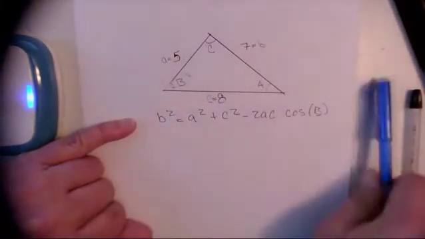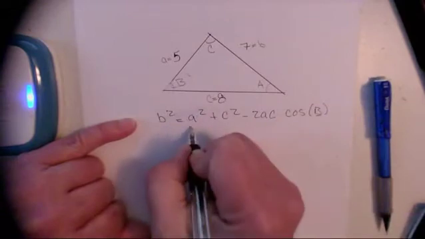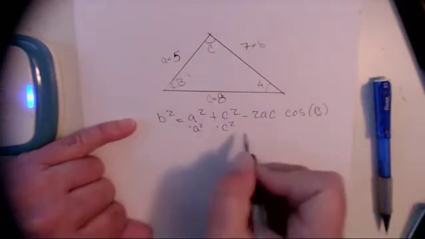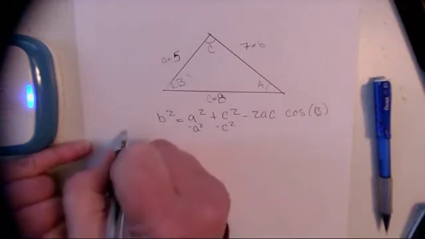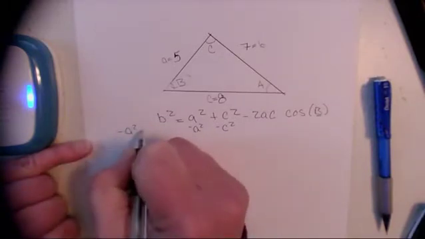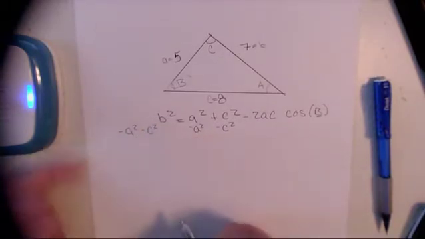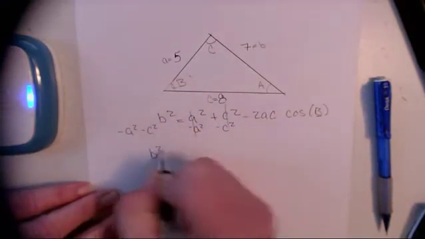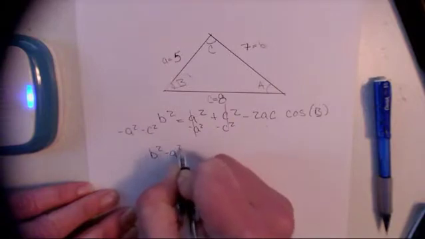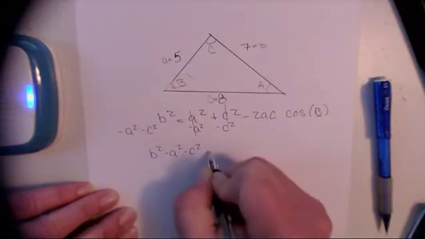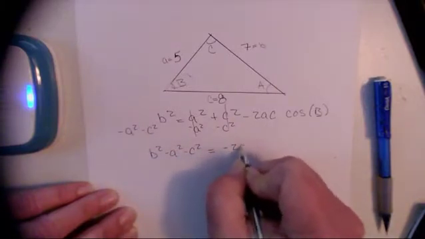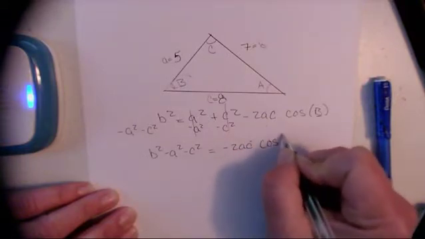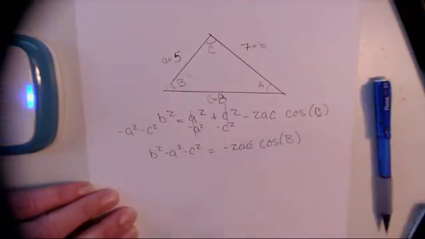I'm going to start with addition or subtraction. It's just cleaner for me to see it that way. Subtract my a and c from that side. That means I need to subtract my a squared and c squared from this side. So let me rewrite that. I now have b squared minus a squared minus c squared equals negative 2ac cosine of my angle B.